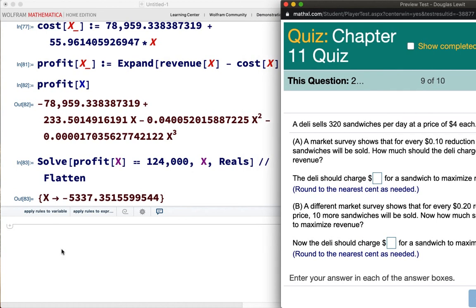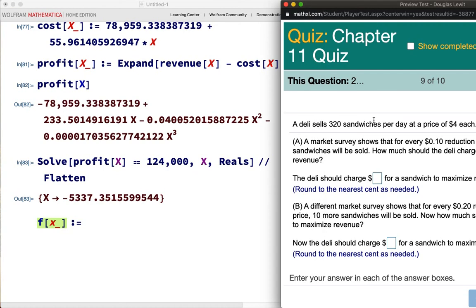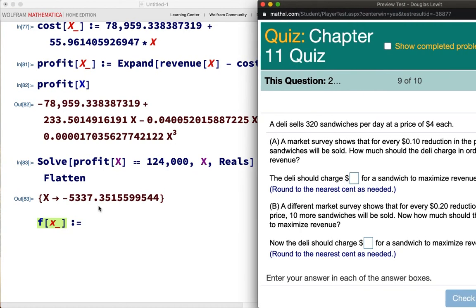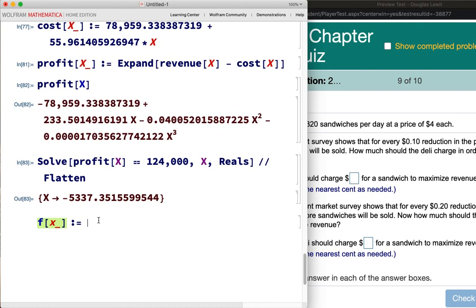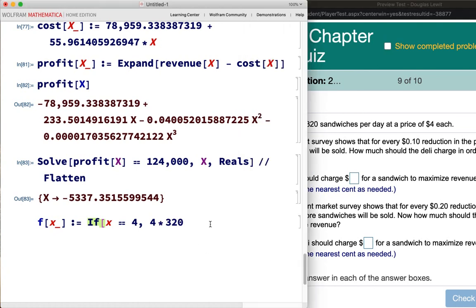Okay, so let's think about that. I have a function f of x. If x is equal to $4, then I'm going to make $4 for each sandwich times 320 sandwiches. Okay.